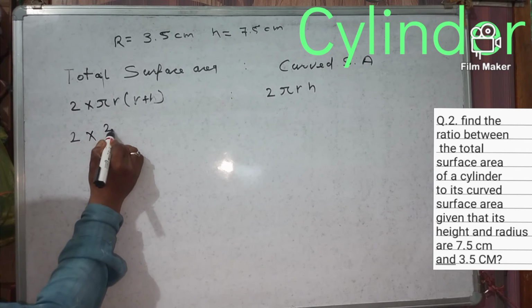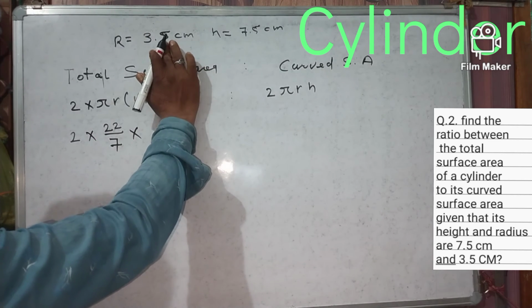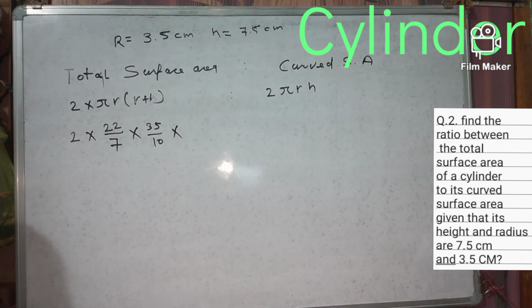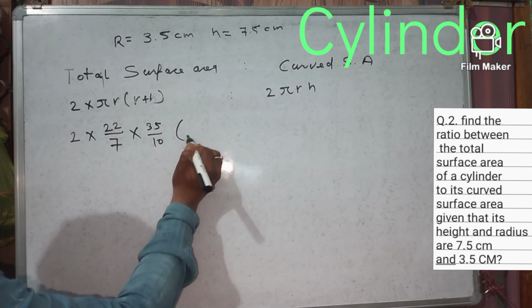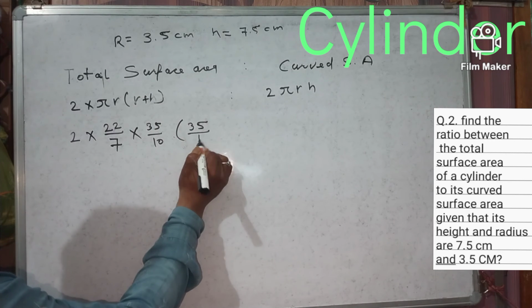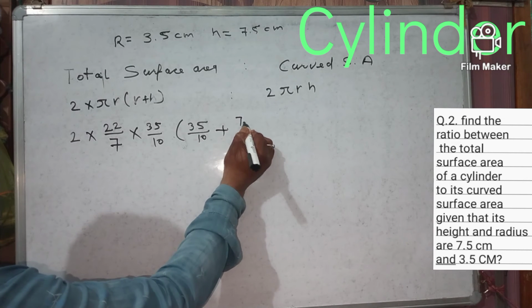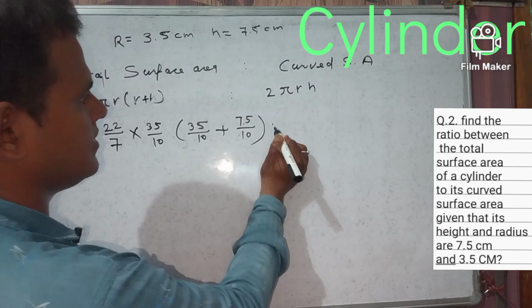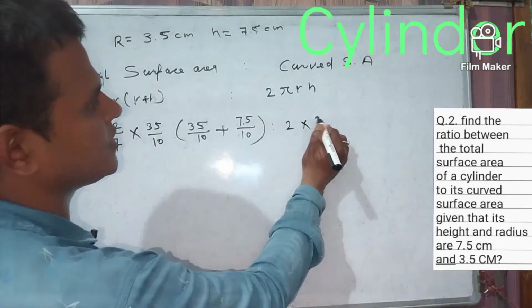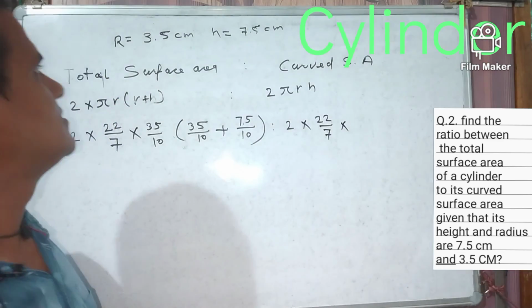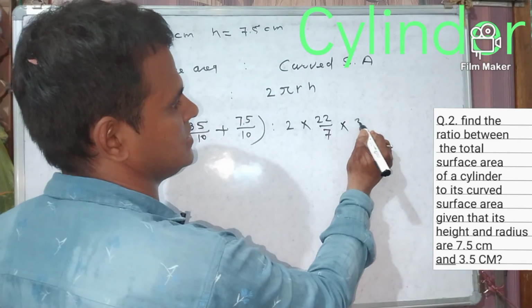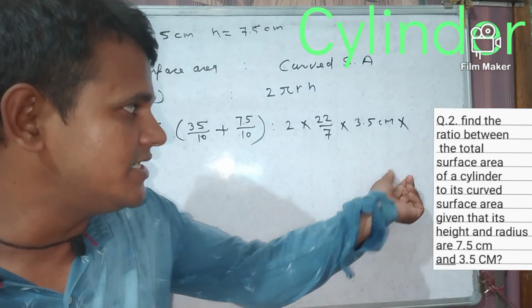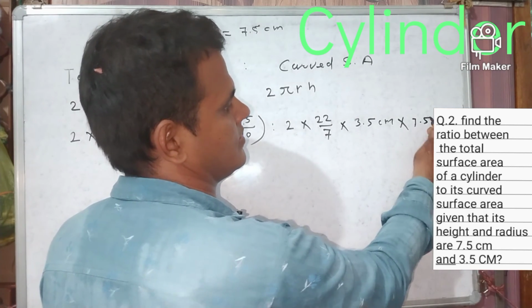So now 2 into 22 by 7, radius is 3.5, so we can write as 35 by 10 into radius 3.5, okay, plus height is 7.5, so we can write as 75 by 10, ratio 2 and 22 by 7 pi into radius is 3.5 centimeter into height, which is given 7.5 centimeter, right?